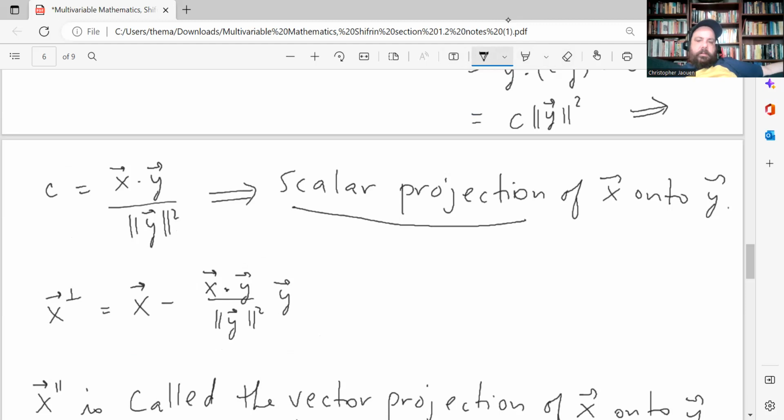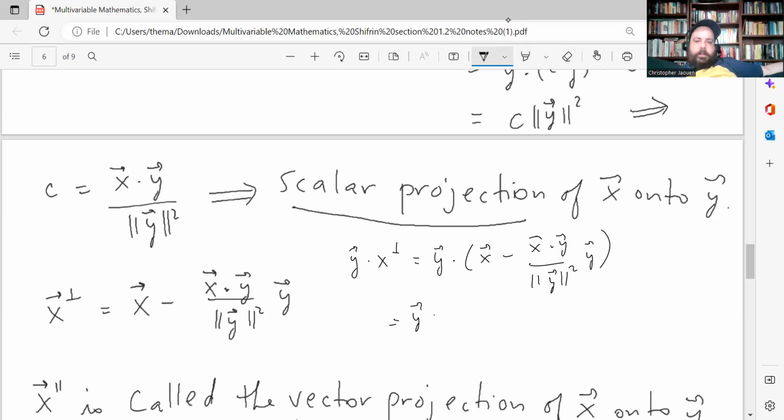So if you take y dot x perp, this is y dotted with x minus x dot y over length y squared times y.